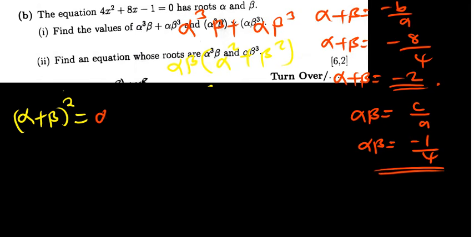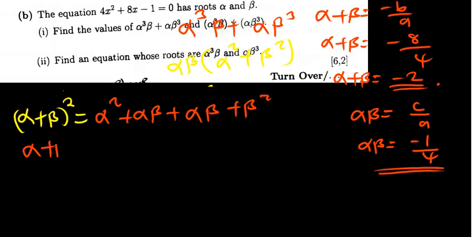Alpha times alpha, alpha squared, alpha times beta, alpha beta. Beta times alpha is alpha beta. Beta times beta is beta squared. So alpha plus beta to the power 2 is equal to alpha squared plus beta squared, plus alpha beta plus alpha beta, which is 2 alpha beta.